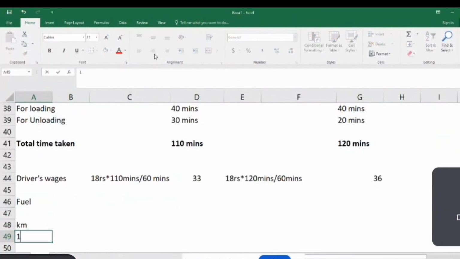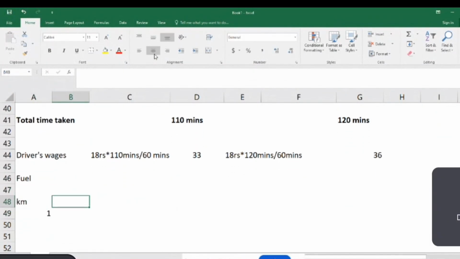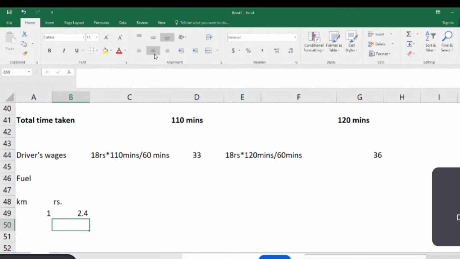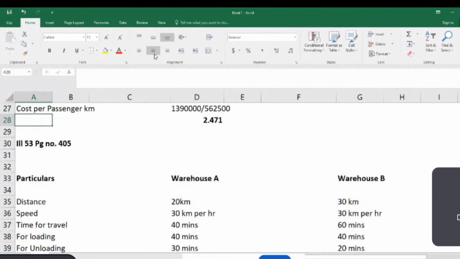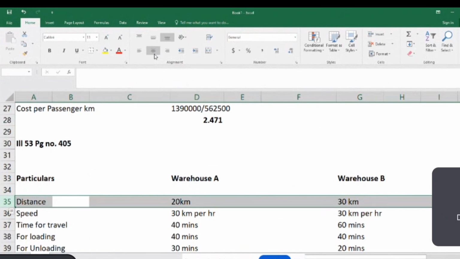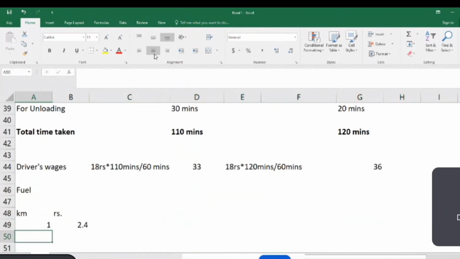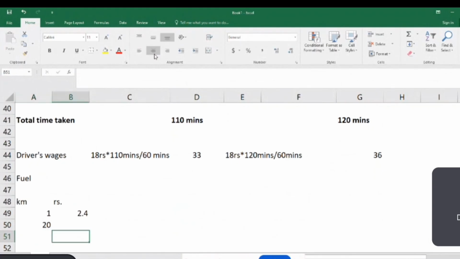For 1 kilometer it is taking rupees 2.40. How many kilometers has it traveled? We have seen here, warehouse A takes 20 kilometers and warehouse B takes 30 kilometers. So with that we can cross multiply.